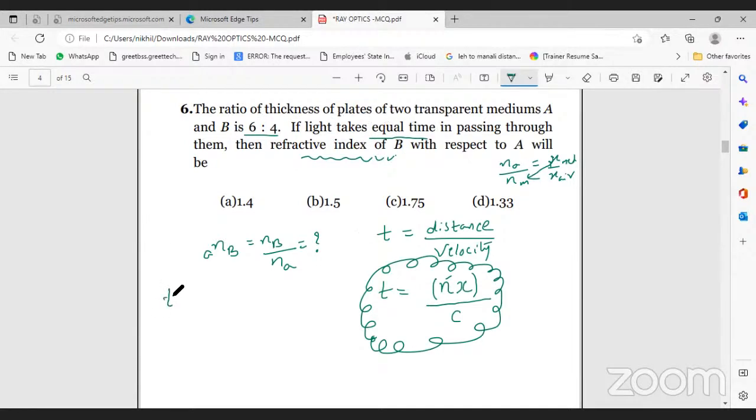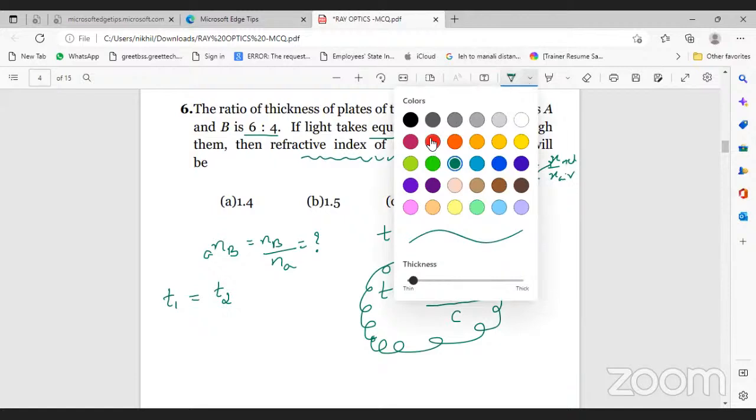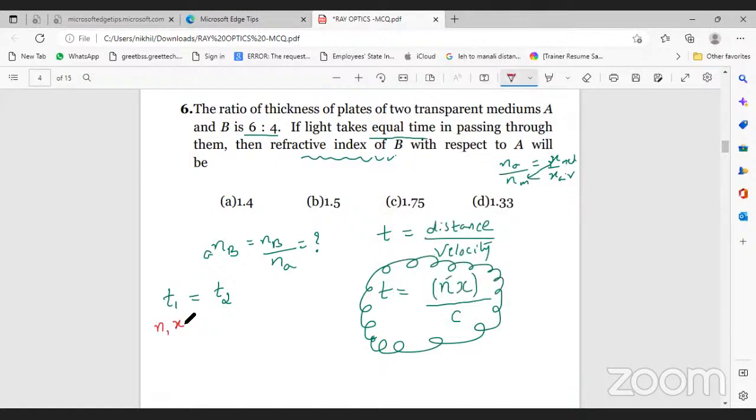The time interval for the first case and the time interval for the second case are same. What is T1? N1 into X1 divided by C. What is T2? N2 into X2 divided by C. So C and C cancel out.